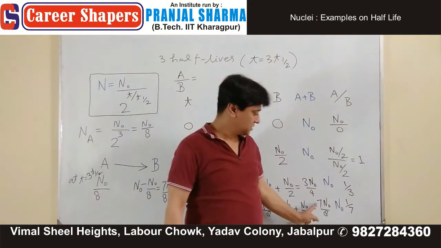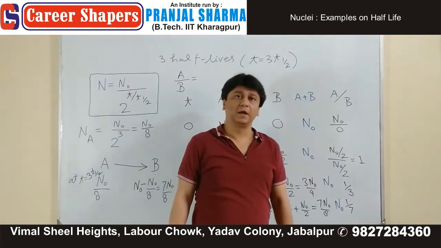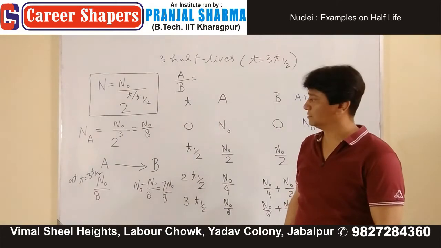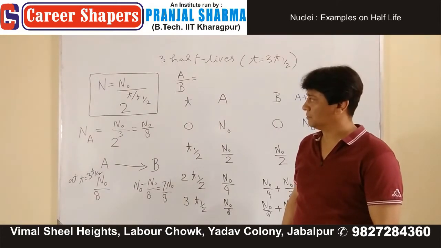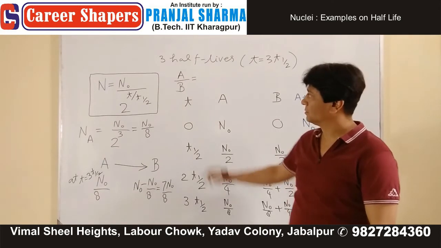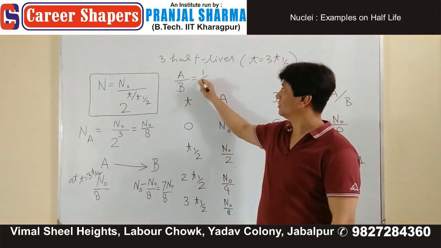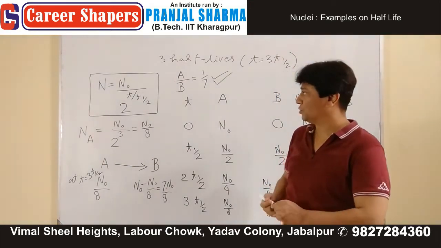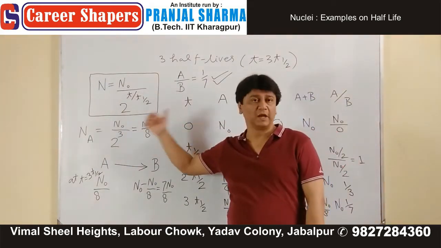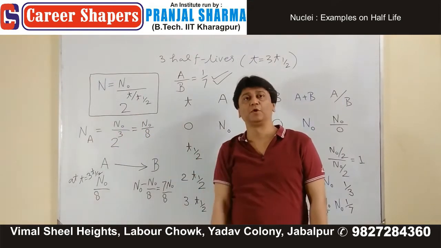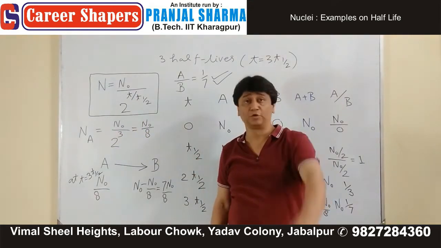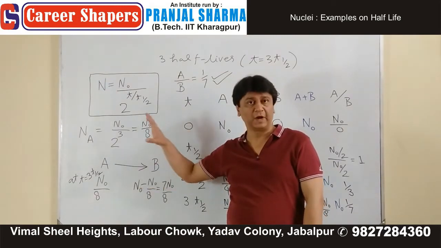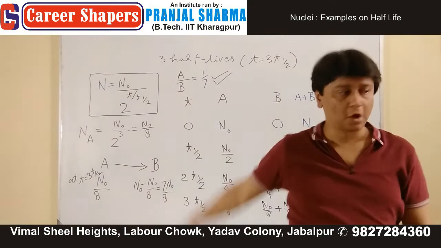This gives us a ratio of 1:7. That's the answer. So by using this formula and remembering that total number of nucleides is not going to change, you can answer the whole thing in just 20-30 seconds. Note down everything.